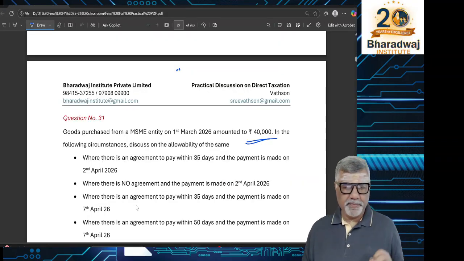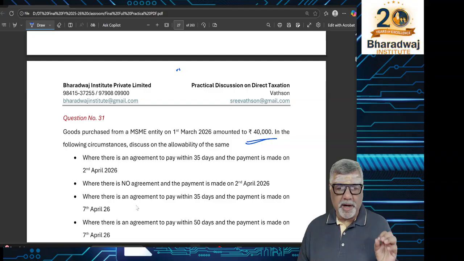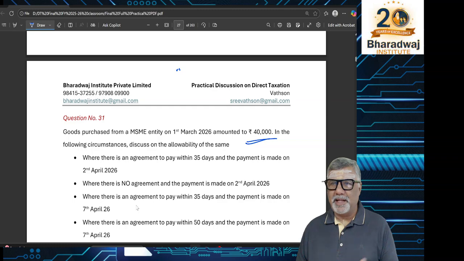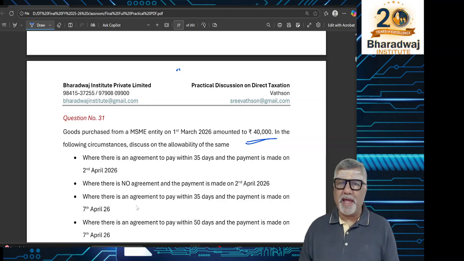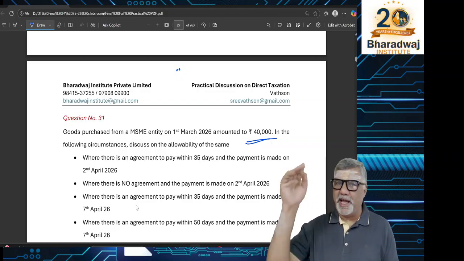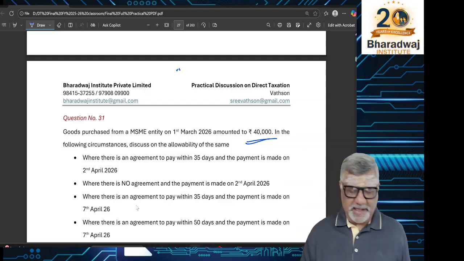Case A, where there is an agreement to pay within 35 days and payment is made before 5th of April. 35 days will fall on 5th of April. I have paid before, so the whole of the expenditure will be allowed in the financial year 25-26 itself.